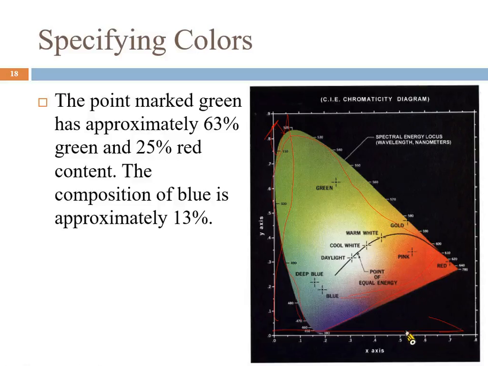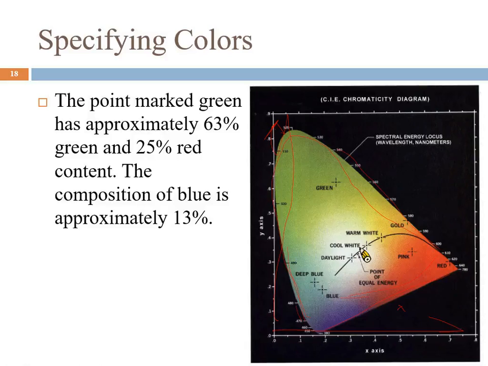For example, when x is 0.5 and y is 0.1 and z is 0.4, such a color cannot be seen by humans. So here we only show the visible color region, and we can see that any color we can perceive can be described as a combination of X, Y, and Z.